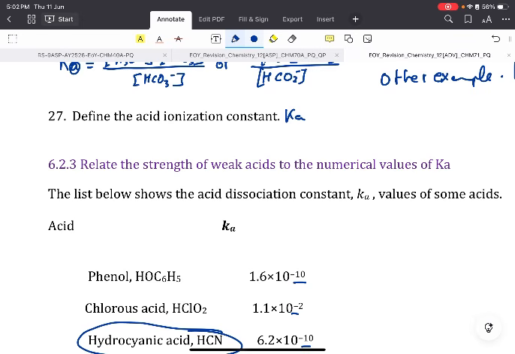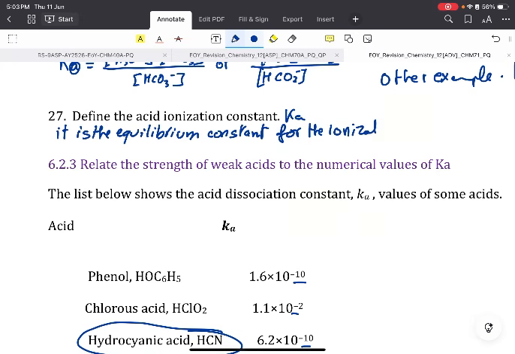Now, define the ionization constant. The acid ionization constant is Ka. It is the equilibrium constant expression, the equilibrium constant for the ionization of an acid, and specifically of a weak acid.